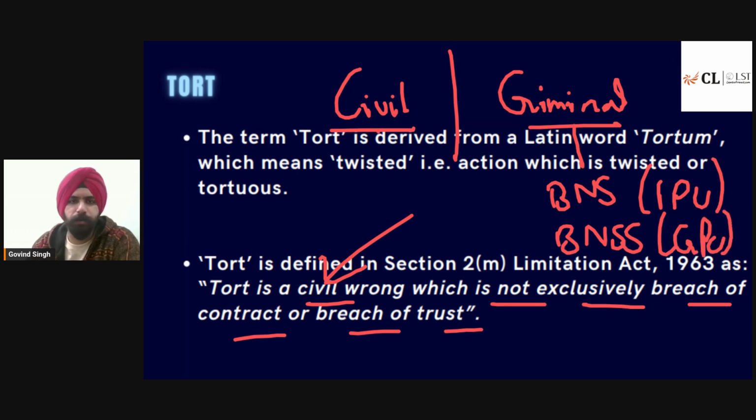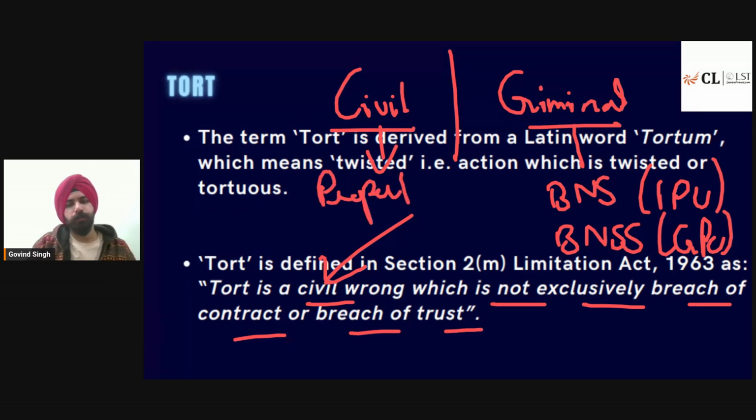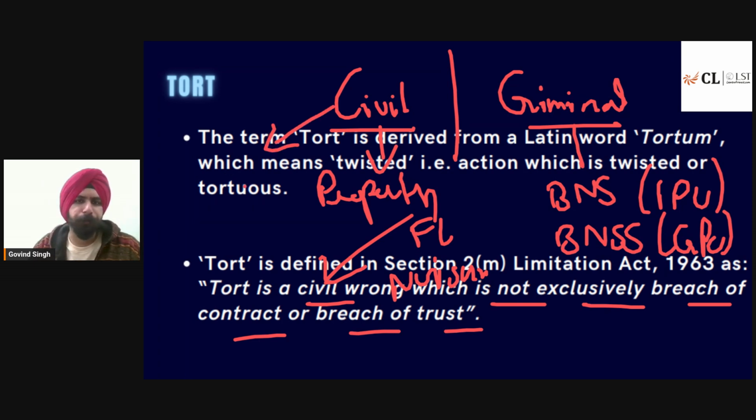When you talk about civil wrongs, these are not usually criminal in nature. These are related to other disputes, civil disputes like disputes of property, disputes of family law, other miscellaneous disputes like nuisance, negligence, and similar, right? So in civil wrongs, you usually don't have jail time or what you call imprisonment or punishment.